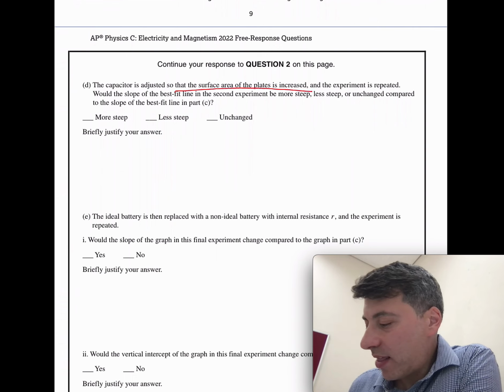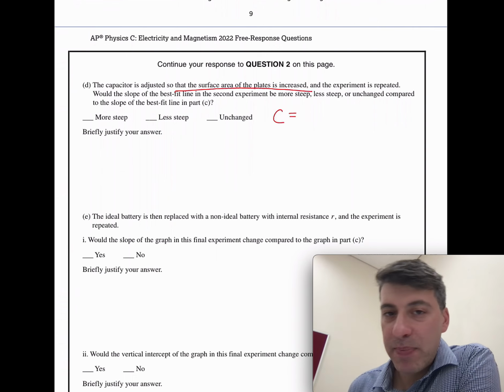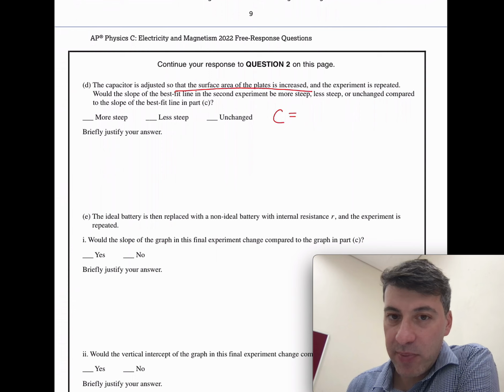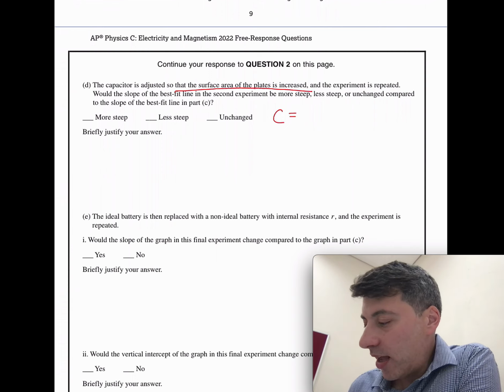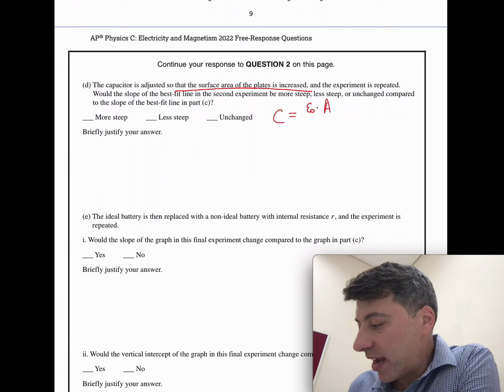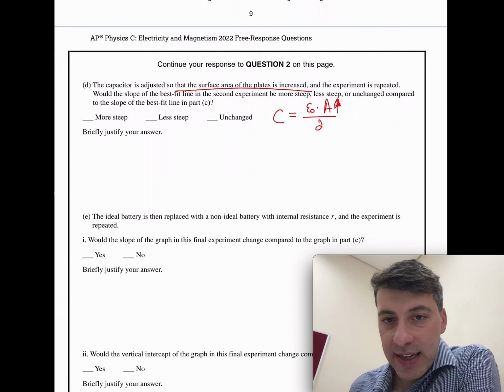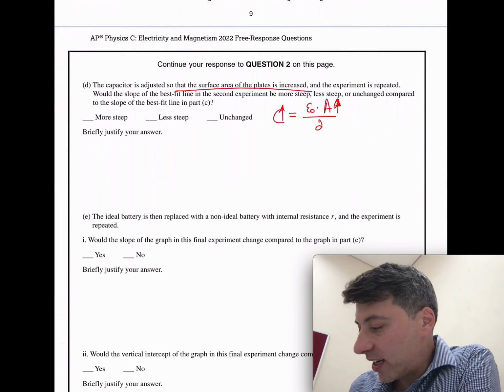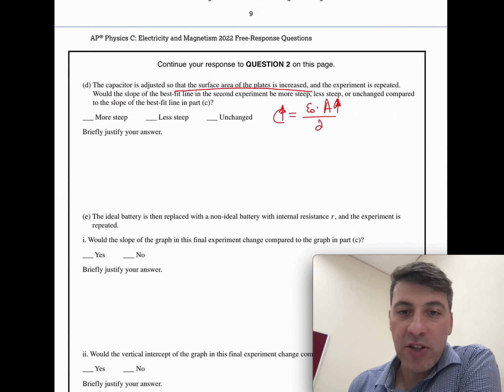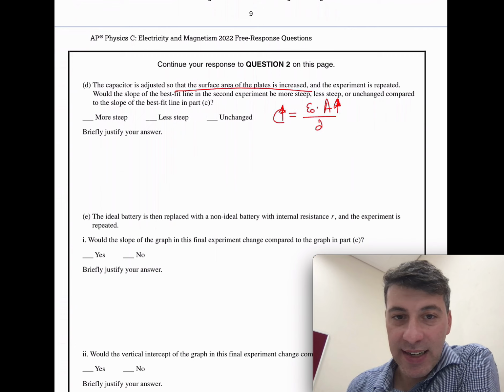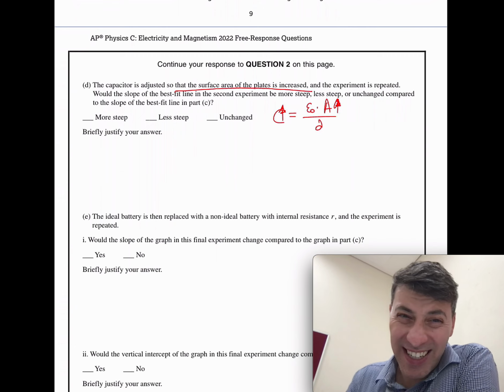Now, we need to remember that the capacitance depends on the surface area of the plates of the capacitor, and if I remember correctly, C is equal to epsilon 0 multiplied by the area divided by the distance. So, if the area increases, the capacitance will also increase.